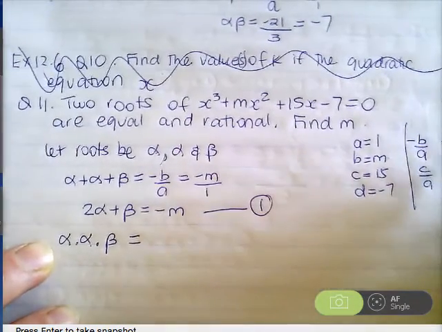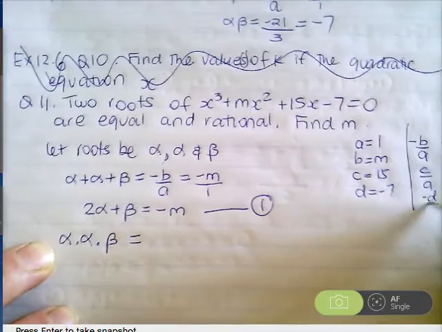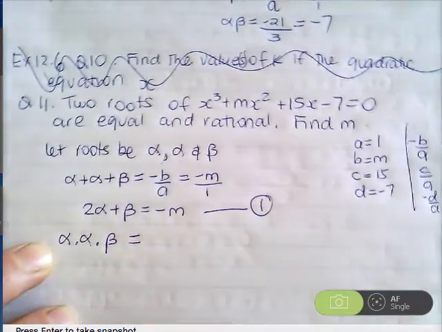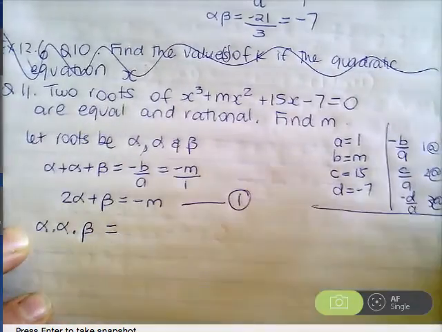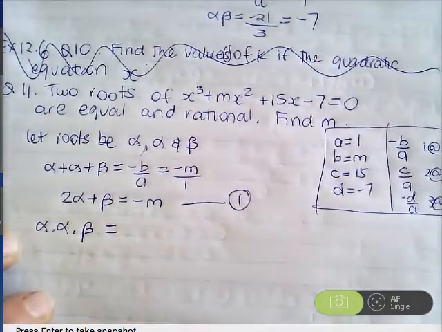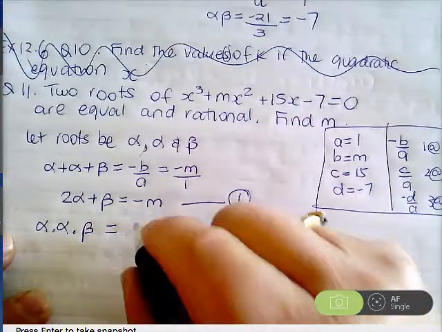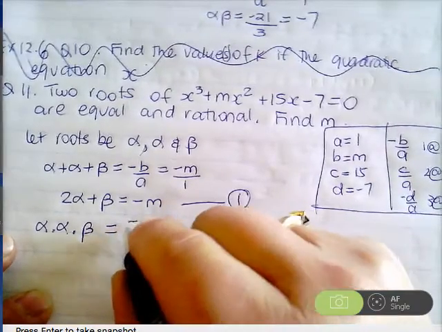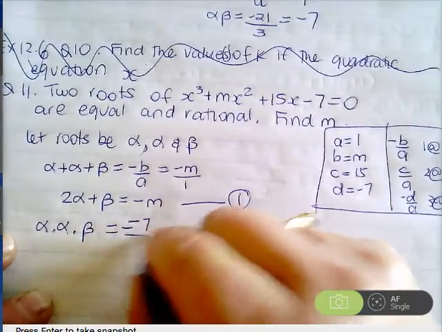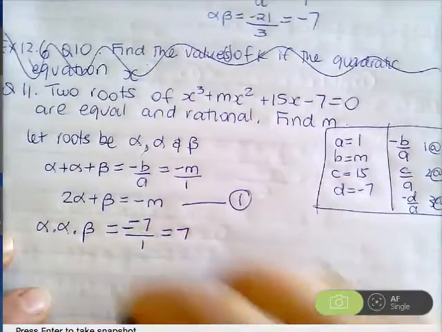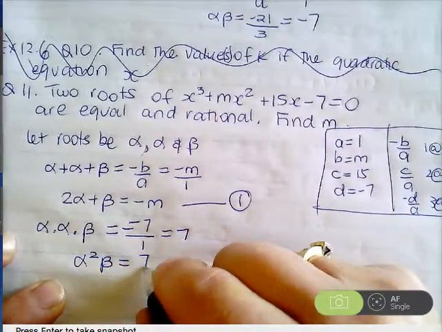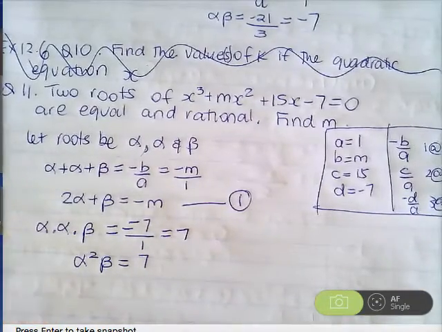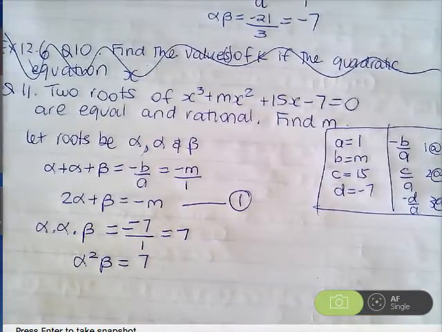This is 1, 2, 3. See, 1, 2, 3 is on the side. All your stuff's over here. All right, what do we got? Negative negative 7 over 1, so it's 7. So alpha squared beta is 7. Got it? All right.